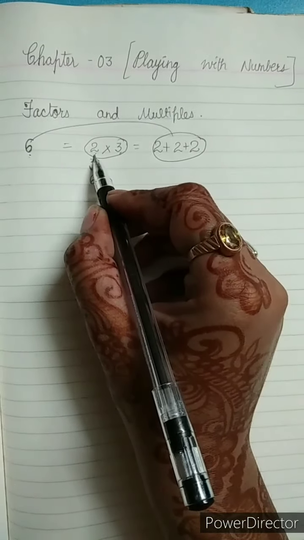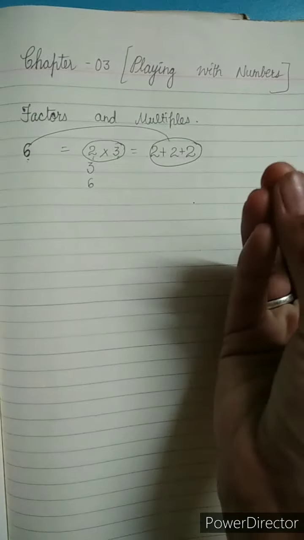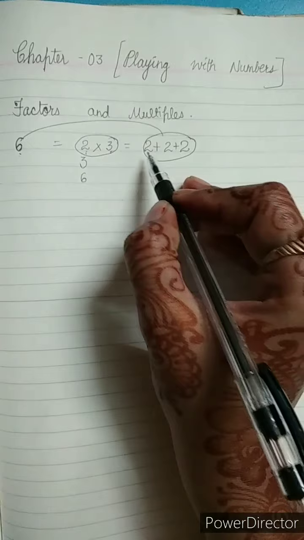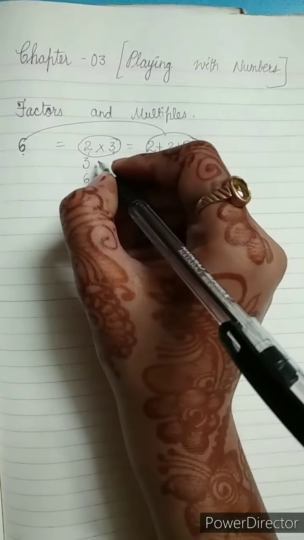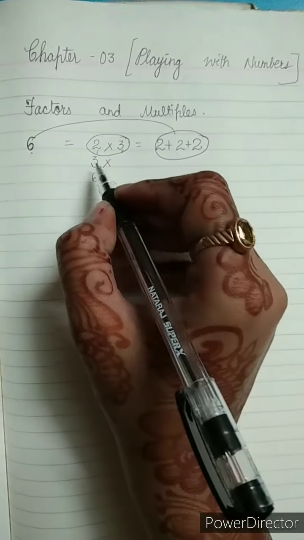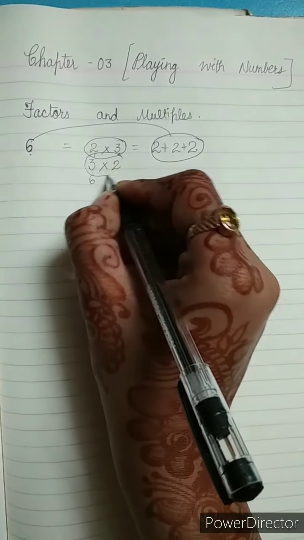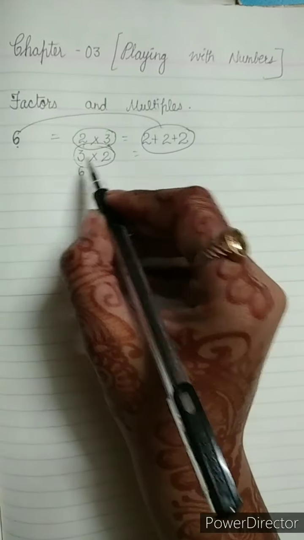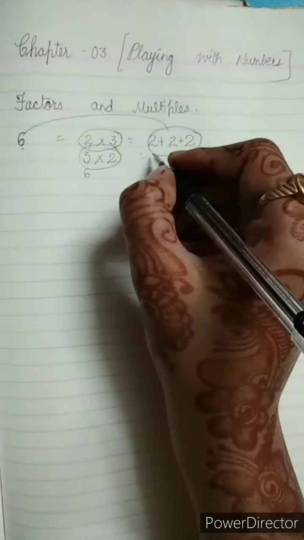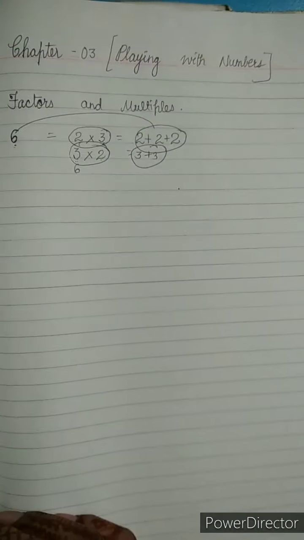So 2 is the length of each part, and there are 3 parts. Same in the table of 3, 6 comes 2 times. 3 comes 2 times, and when you add 3 two times, again you have 6.